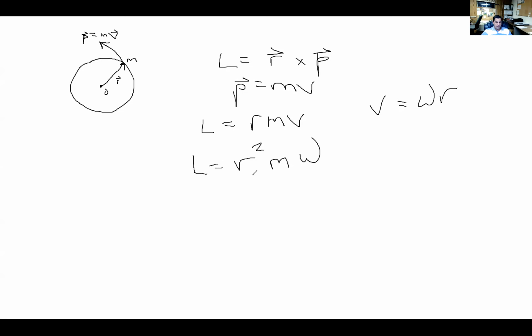Well, R squared m is I, the moment of inertia, so angular momentum L is equal to I times angular velocity.